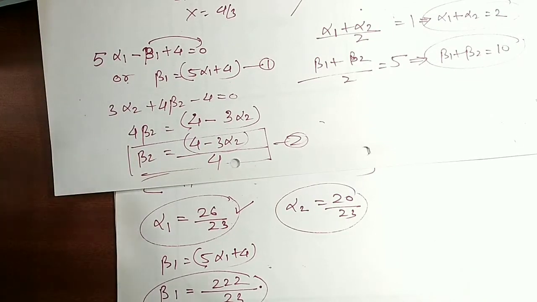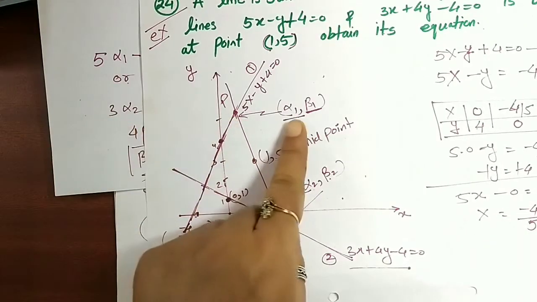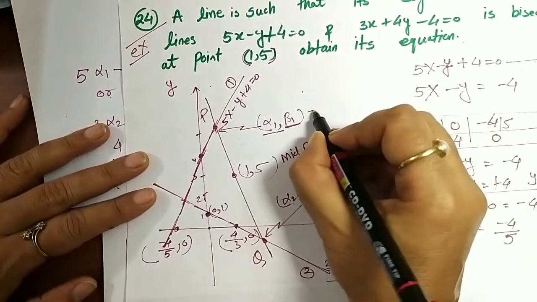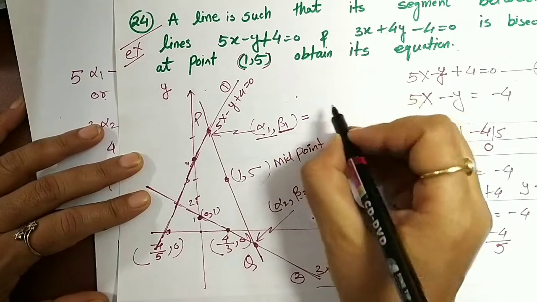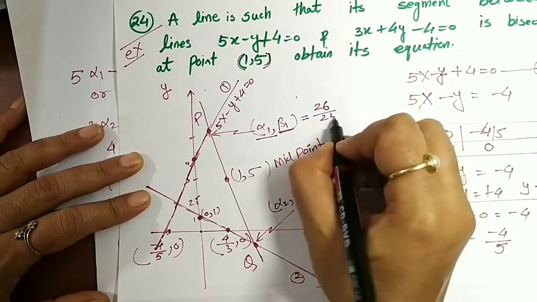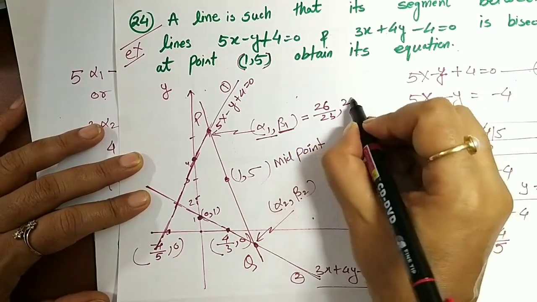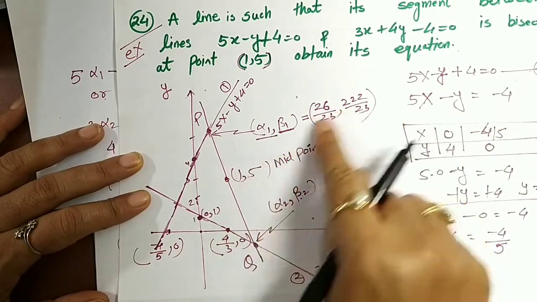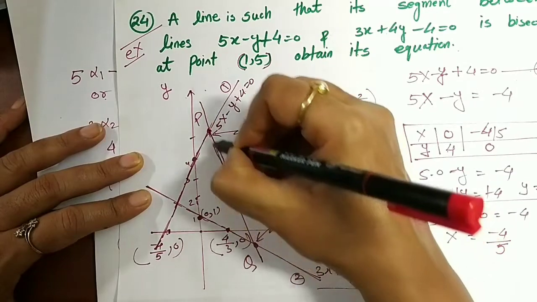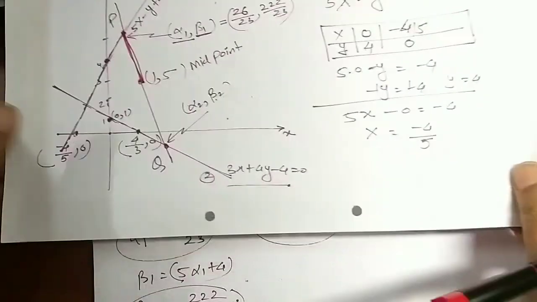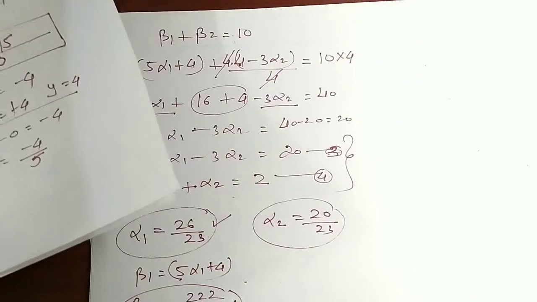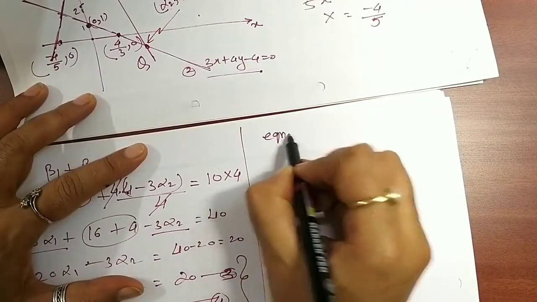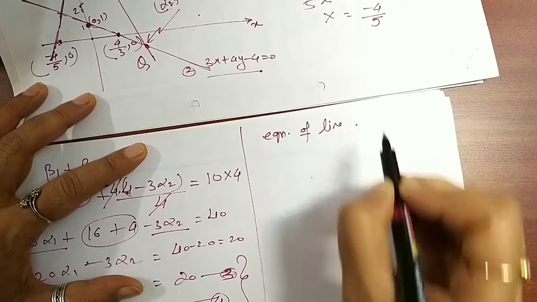Once you know alpha 1, beta 1, I can just put it in the equation of line. Why? Because I know alpha 1, beta 1 and I know this point. So let me write the value of alpha 1 and beta 1. Alpha 1 is 26 by 23 and beta 1 is 222 by 23. Having these 2 points, it's easy to find the equation of line. So what is the equation of line, guys?